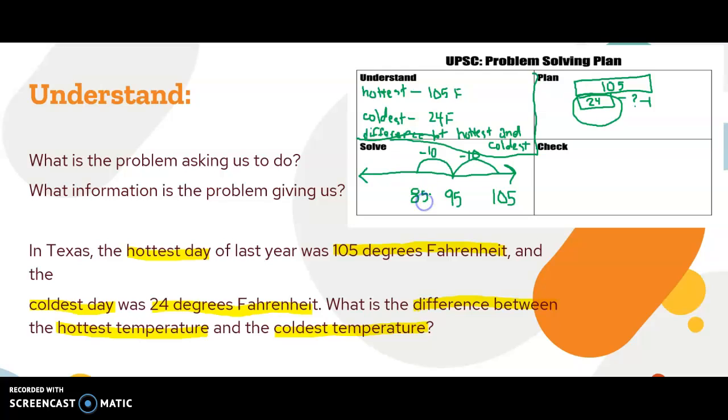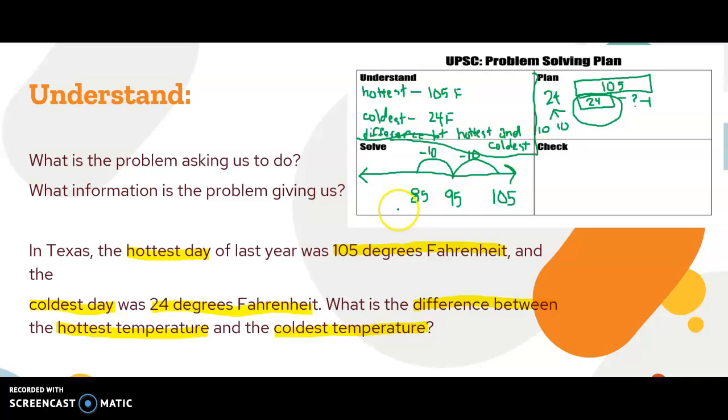So remember that we are counting back 24 places or spaces or hops on our number line. So what I've done is, since I'm counting back 24 spaces, I have decomposed 24 by 10 and another 10.